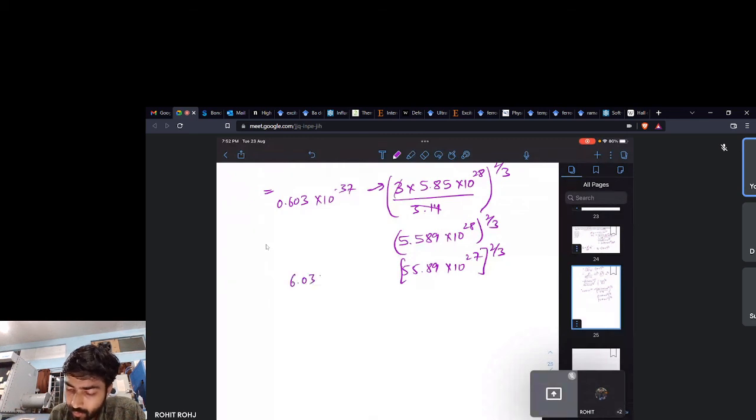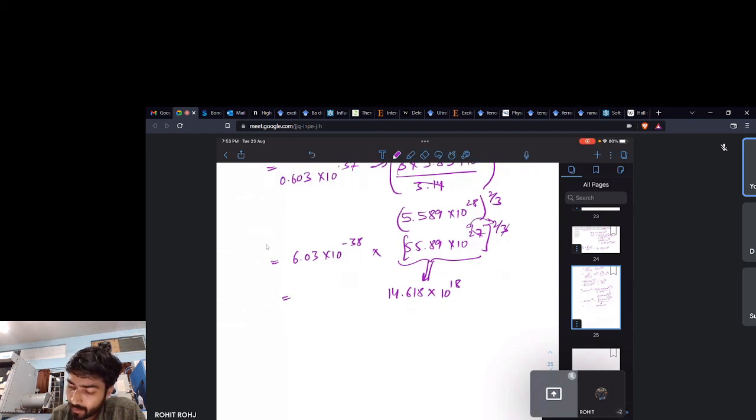And I can write 6.03 into 10 to the power minus 38 multiplied by that. Now this comes around to be 14.618 into 10 to the power 18, because 3 would become 9 and 9 into 2 gives 18, and 55.89 to the power 2 by 3 would give me 14.618. 6.03 into 10 to the power minus 38 times this is nothing but 88.146 into 10 to the power minus 20.